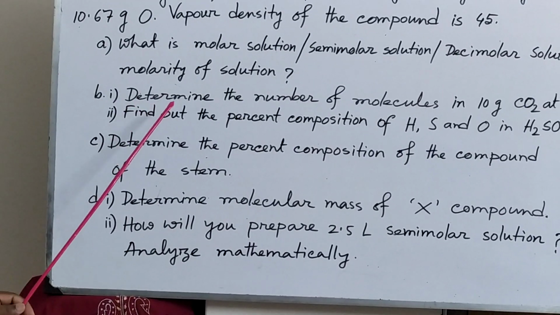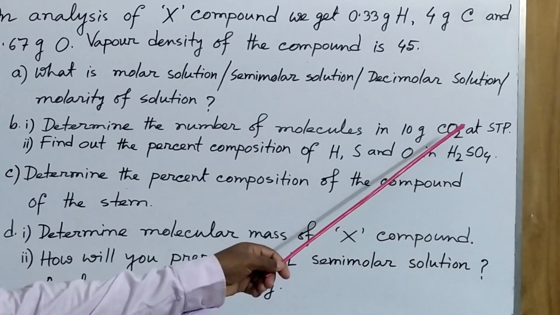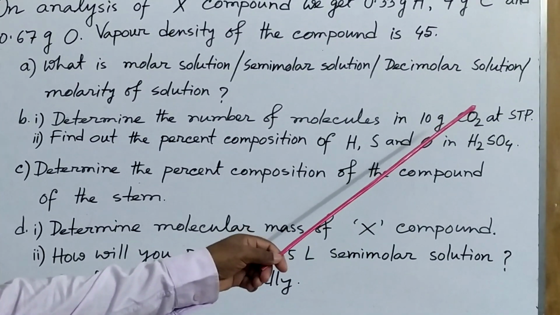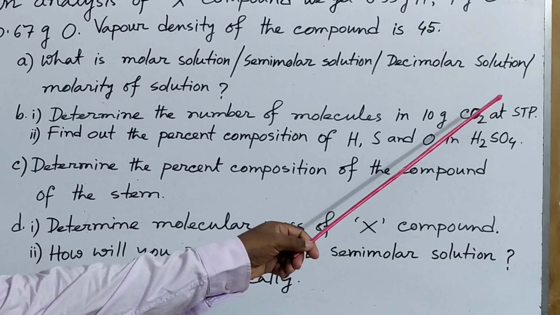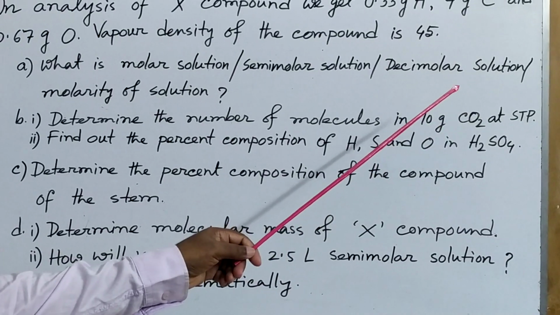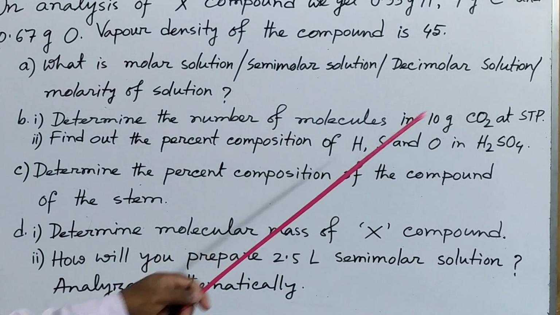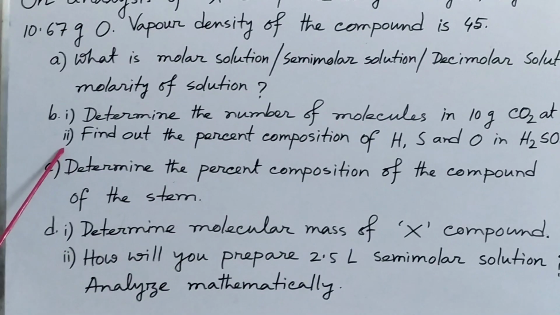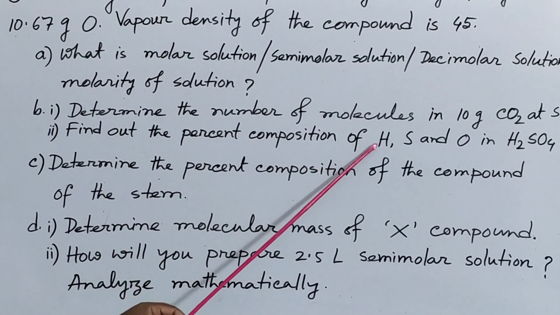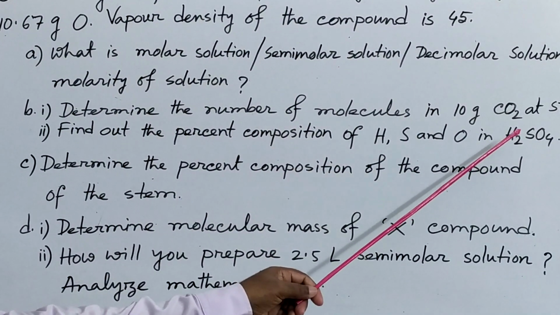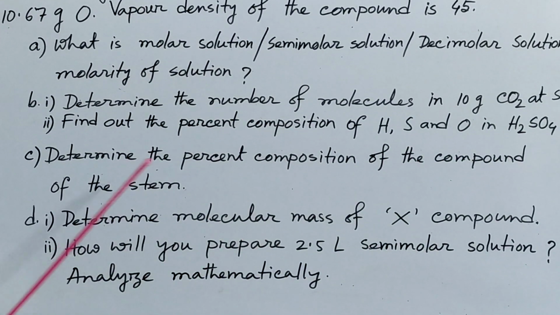Number 1, determine the number of molecules in 10 gram carbon dioxide at STP. In previous class I have given what is STP. It is standard temperature and pressure, 0 degree Celsius temperature and 1 atmosphere pressure together is called STP. Number 2, find out the percent composition of hydrogen, sulfur and oxygen in sulfuric acid. H2SO4, it is sulfuric acid.